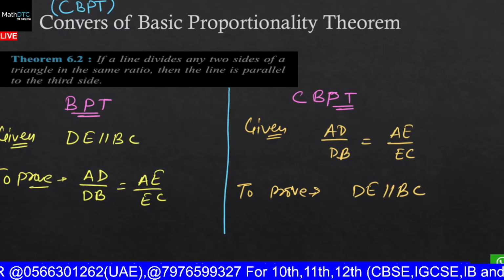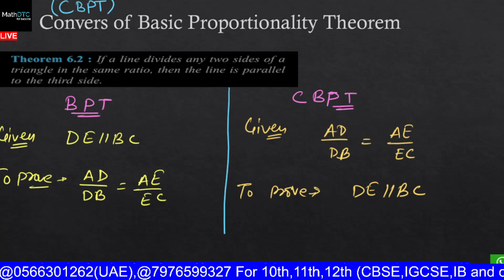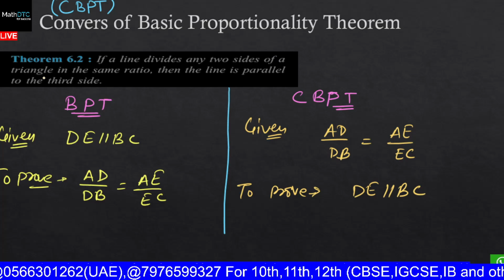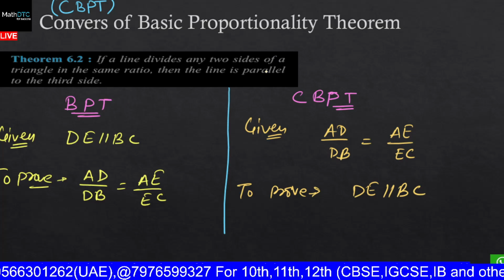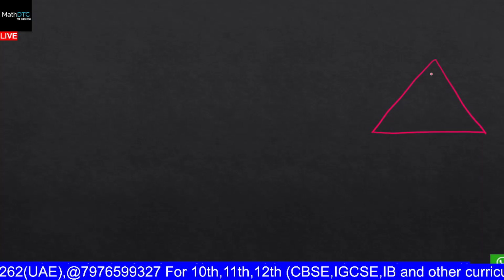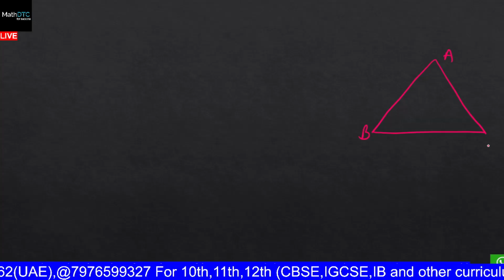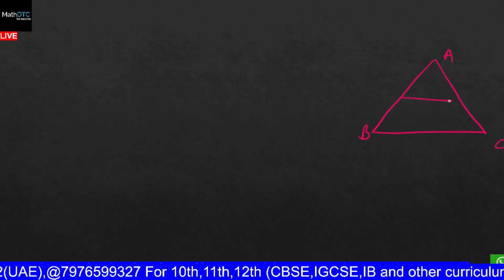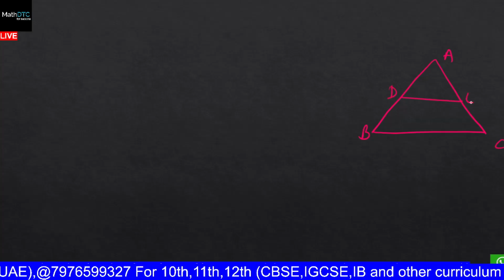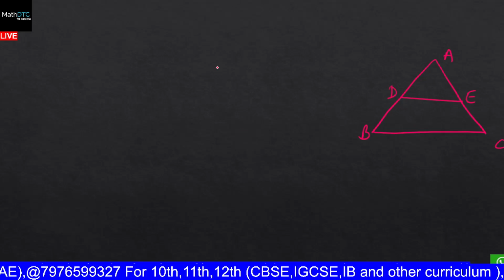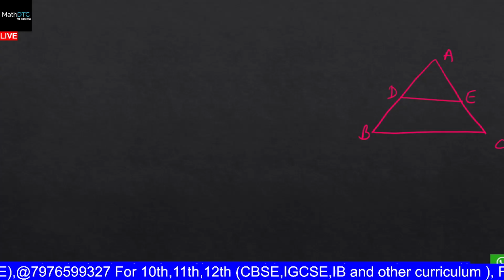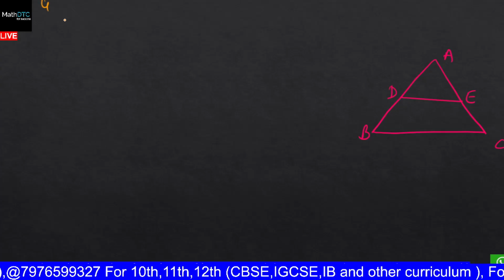Now come to the statement of the theorem: if a line divides two sides of a triangle in the same ratio. So we have to draw a suitable diagram first. Suppose we have a triangle ABC, and D and E on the sides. What is the given thing we have to write down here?